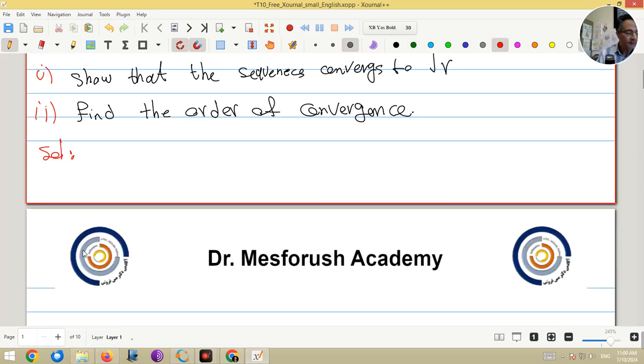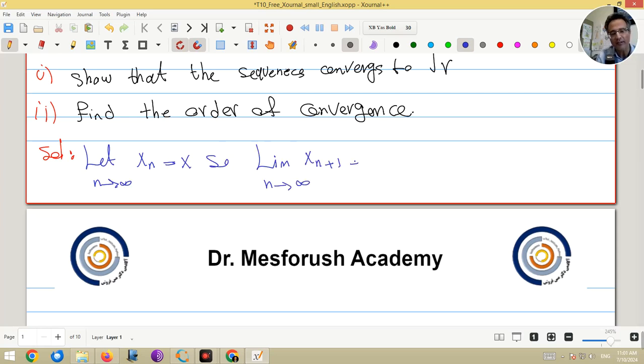For the first part, like the previous problem, first of all, we let the limit of x_n when n goes to infinity be equal to x. So if you take the limit from both sides, you will get the limit of x_{n+1} as n goes to infinity is equal to the limit of (x_n squared plus 3r) over (3x_n squared plus r) as n goes to infinity.